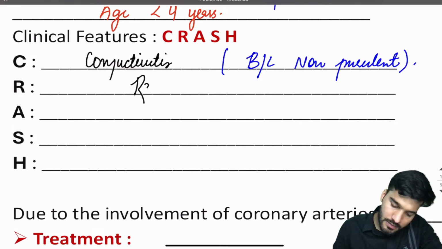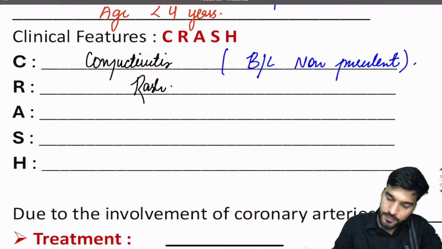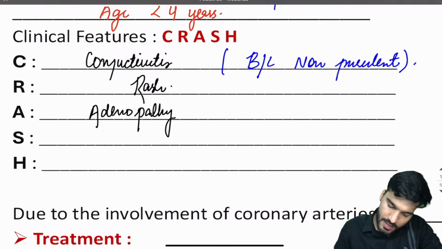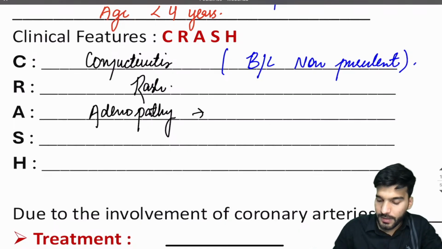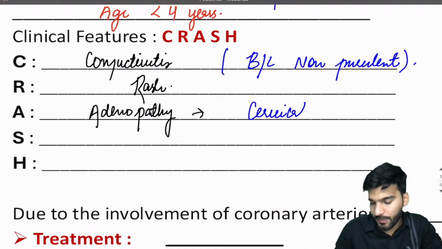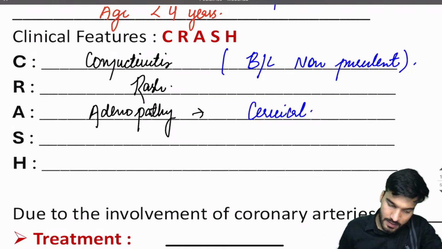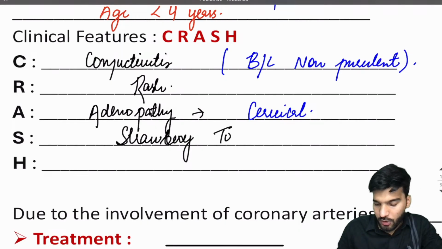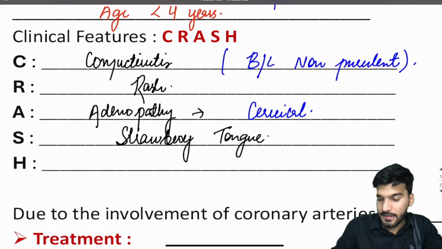R is rash. A is adenopathy, usually cervical adenopathy. S is strawberry tongue, also seen in scarlet fever.